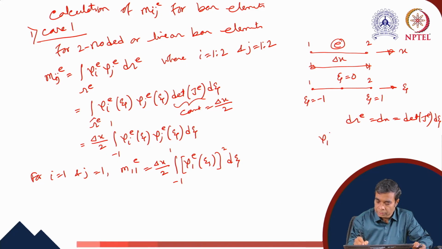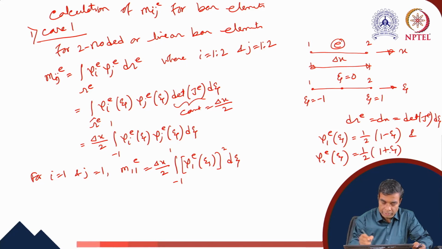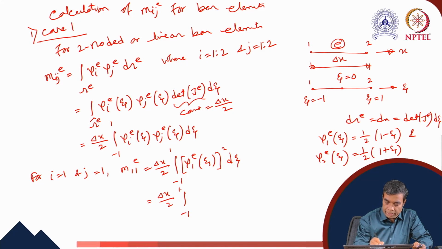Now psi 1 of xi is half of 1 minus xi, and psi 2 of xi equals half of 1 plus xi. So this expression reduces to delta x by 2 integration -1 to 1 1/4 into 1 minus xi whole square d xi.